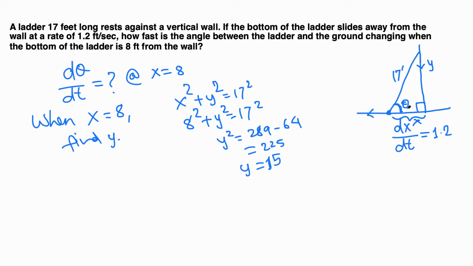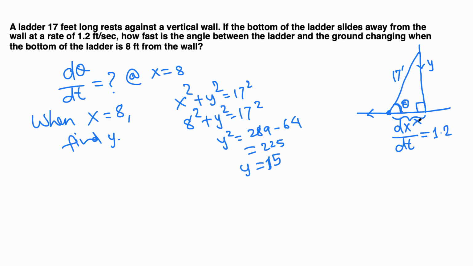So we need to involve 17. Now we know y as well as x. Let's use one of the trig identities that involves x and 17, or y and 17, but because dx over dt is given, we definitely want to use x. Y might not be needed.